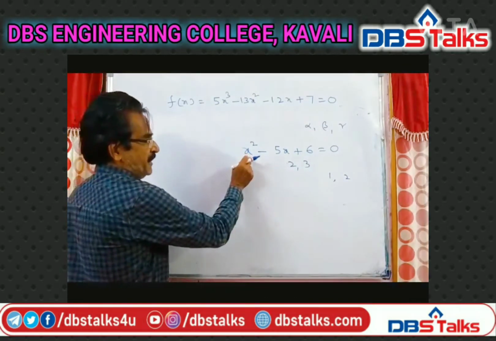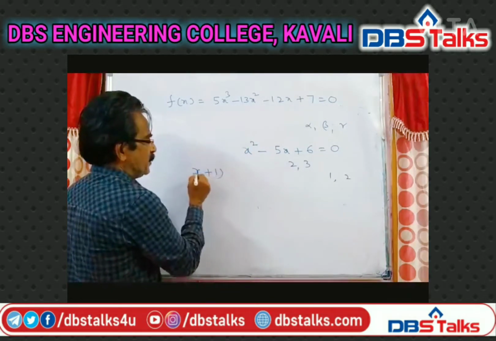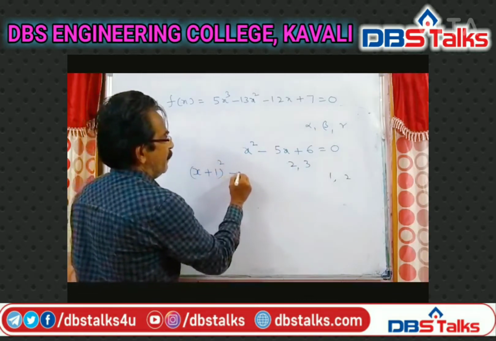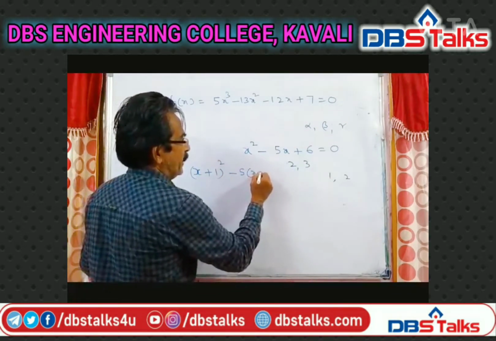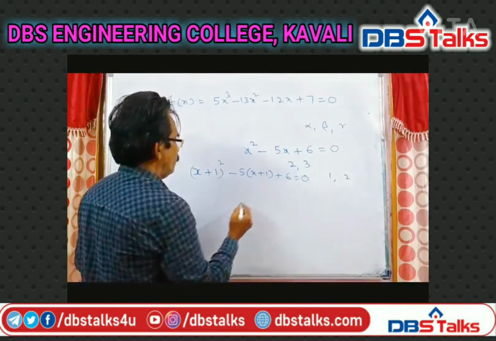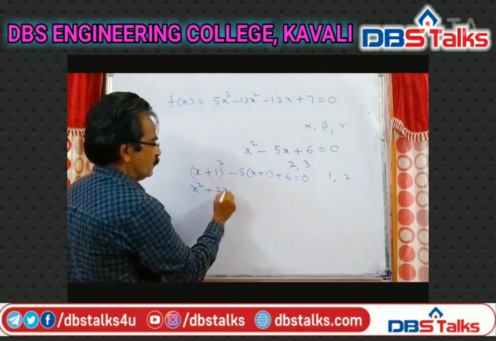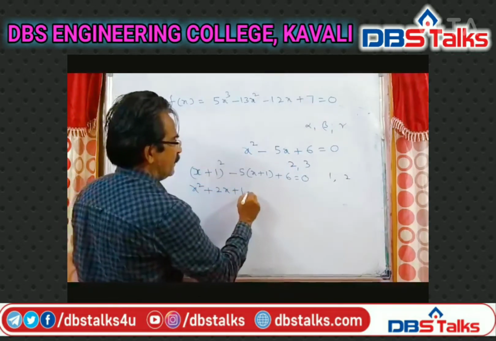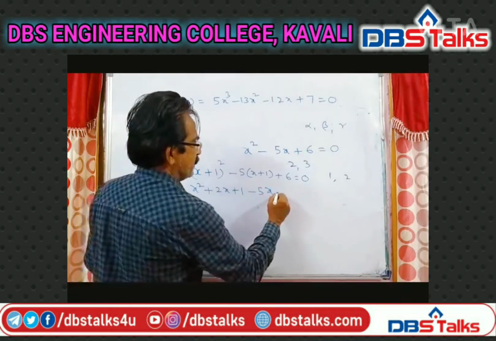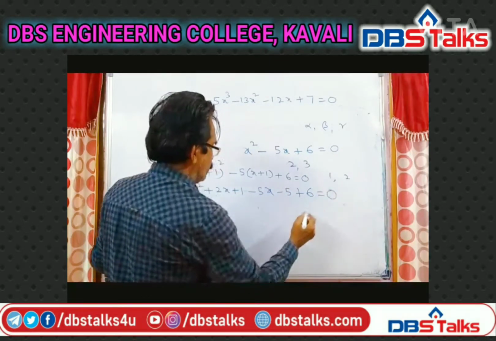Let us substitute, friends: x plus 1 whole square minus 5 into x plus 1 plus 6 is equal to 0. x square plus 2x plus 1 minus 5x minus 5 plus 6 is equal to 0.